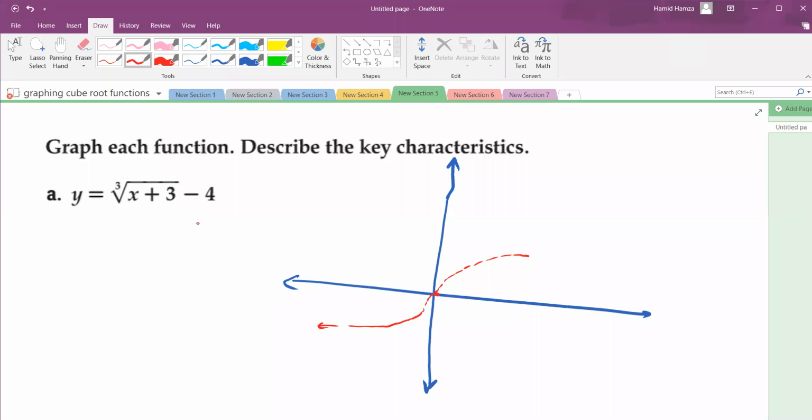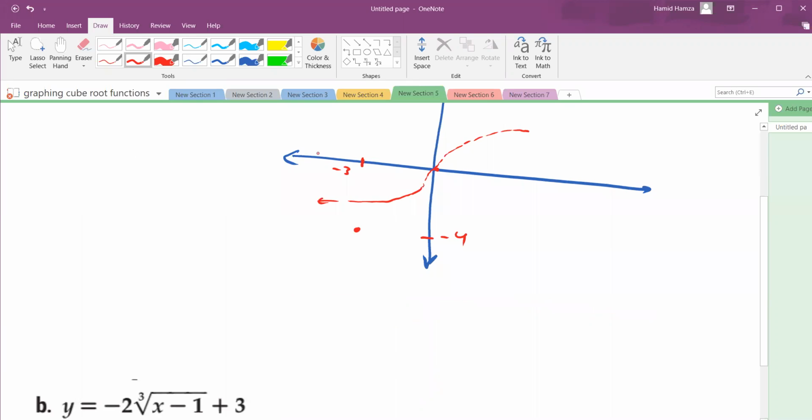The inflection point will be moved 3 units to the left, because the sign is positive, and 4 units down. So 3 units to the left, so here is -3. And we'll go down to -4. So the inflection point will be here, at (-3, -4).